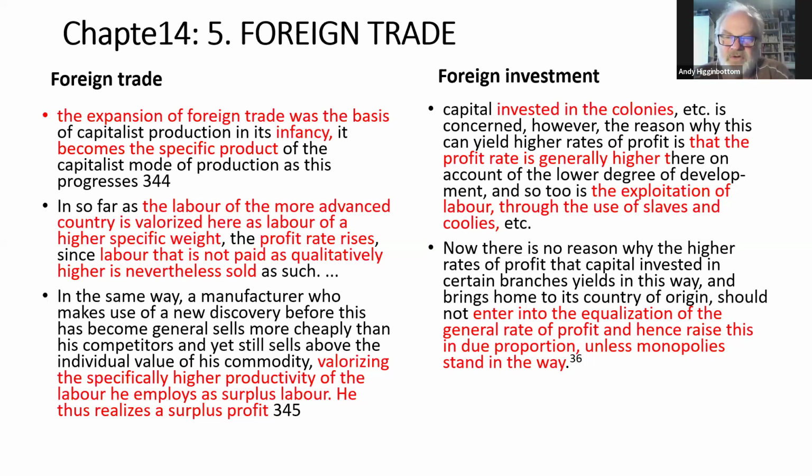Then there's a second point which he makes about foreign investment. And again, we're skimming close to what I was referring to earlier. Capital invested in the colonies is concerned. However, the reason why this can yield higher rates of profit is that the profit rate is generally higher there on account of the lower degree of development, and so too is the exploitation of labor, the use of slaves and coolies, etc. Okay.